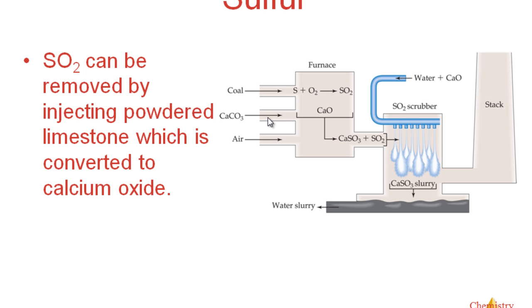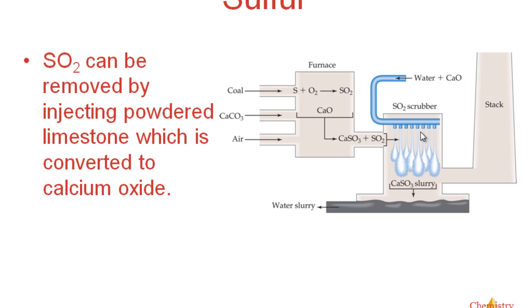And calcium carbonate, you know, when you heat it, decomposes to calcium oxide and carbon dioxide. So the calcium oxide will pick up the sulfur dioxide, which came from the coal burning, and it makes calcium sulfide. Then the calcium sulfide and any leftover sulfur dioxide will go through another area called the sulfur dioxide scrubber.